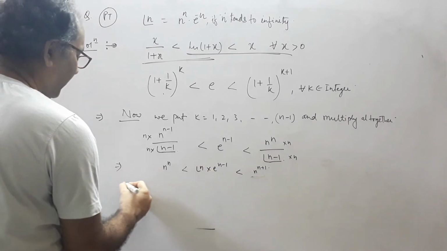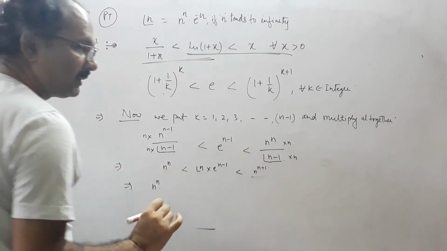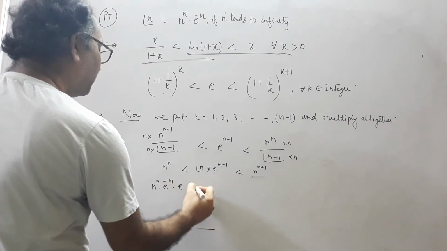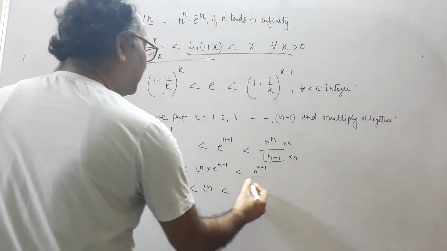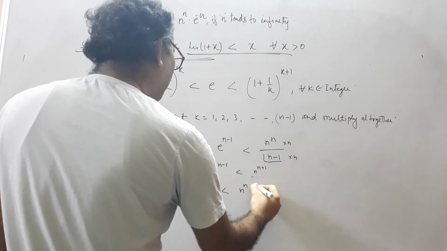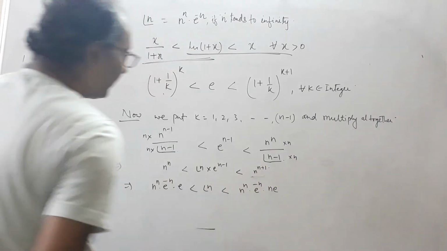So what shall we have, and this can be written like this. Every term is positive, so the inequality is not going to alter. e to the power minus n into e is less than factorial n, and here we have n to the power n, e to the power minus n, and n e. One n will be extra here.